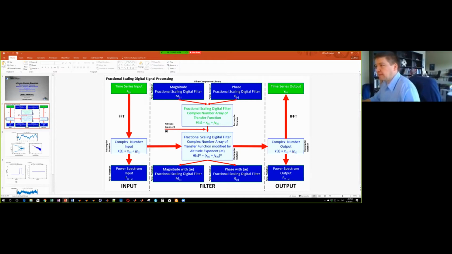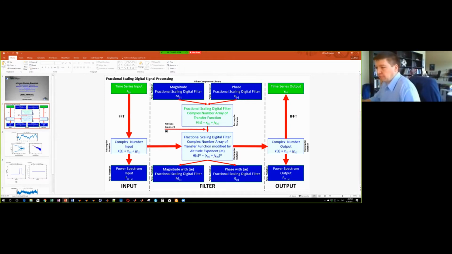So the process basically is you have the magnitude and phase information in a filter component library that contains the fractional scaling exponent on them. You solve those for whatever type of filter that you want. That generates a complex number array in rectangular notation.